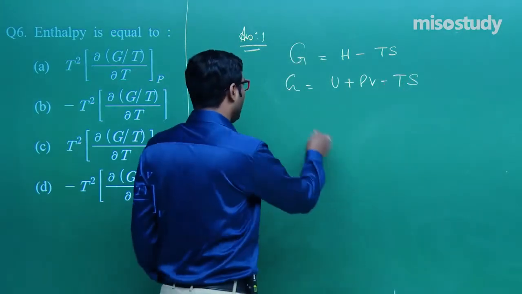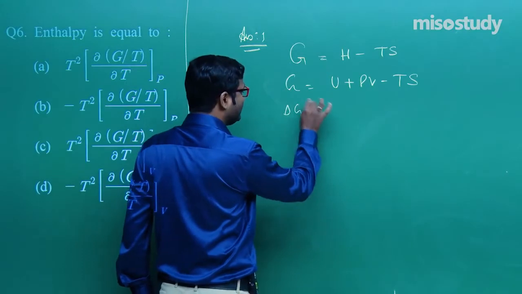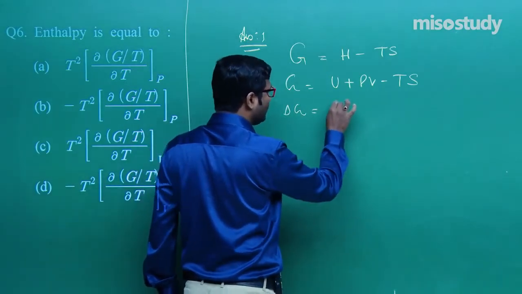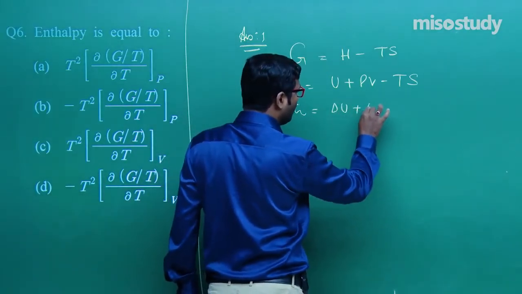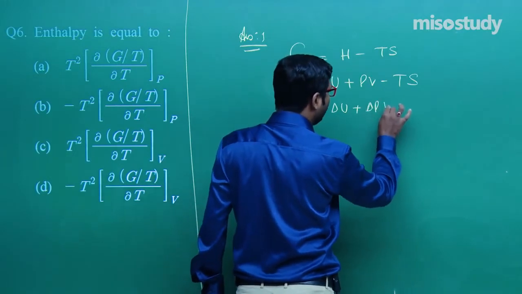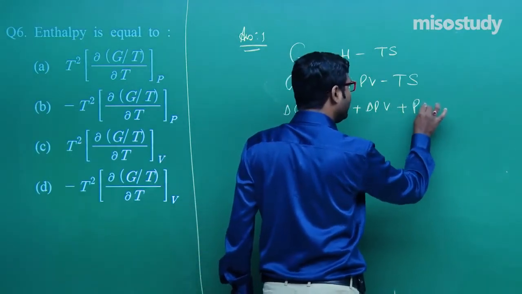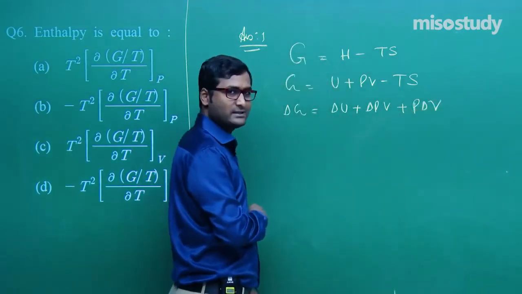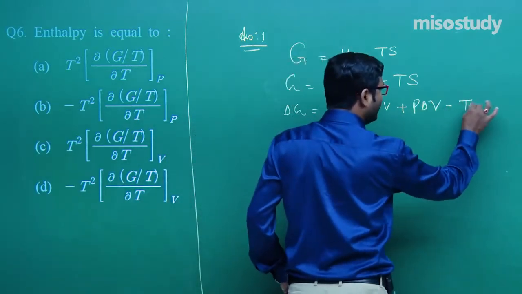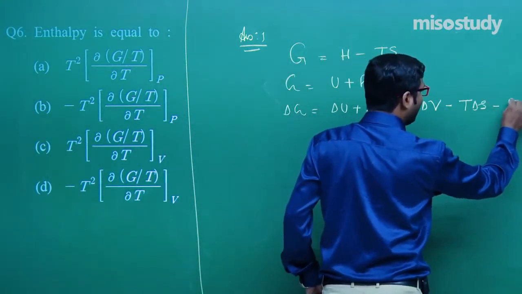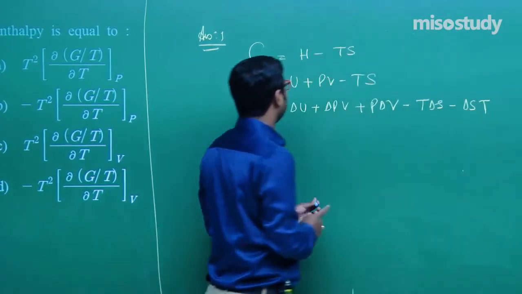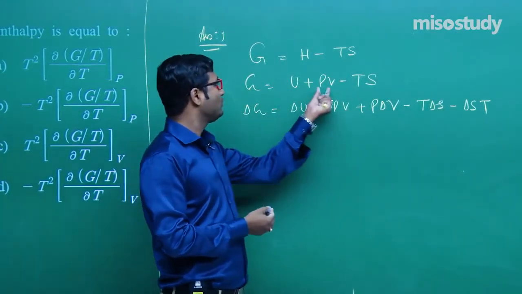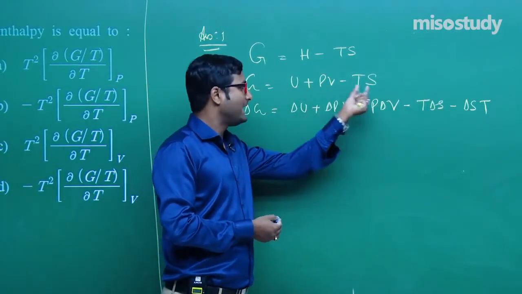Now delta G is equal to delta U plus delta PV plus P delta V, minus T delta S and minus delta ST.